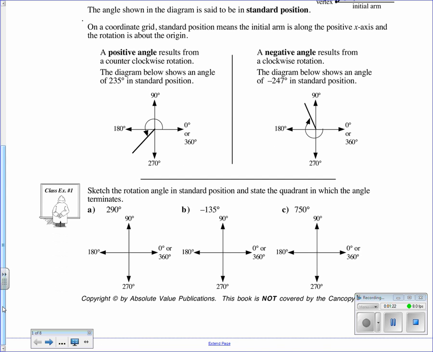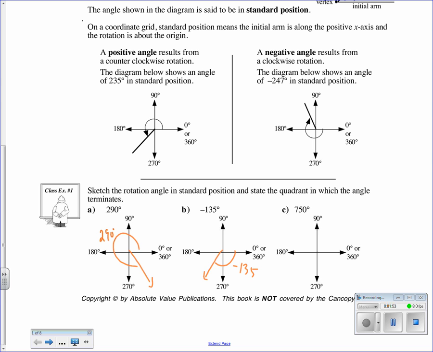So just a couple of practice ones. 290 means that you start at the positive x-axis and rotate till you're about in there, create an arm, and that's 290 degrees. Minus 135 means you start at the positive x-axis and rotate past 90 a little bit more and label that as minus 135.